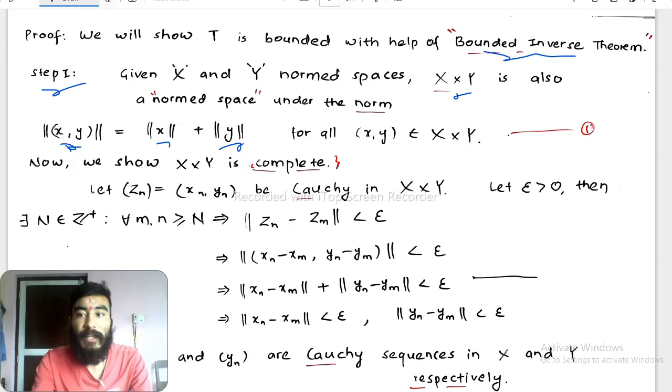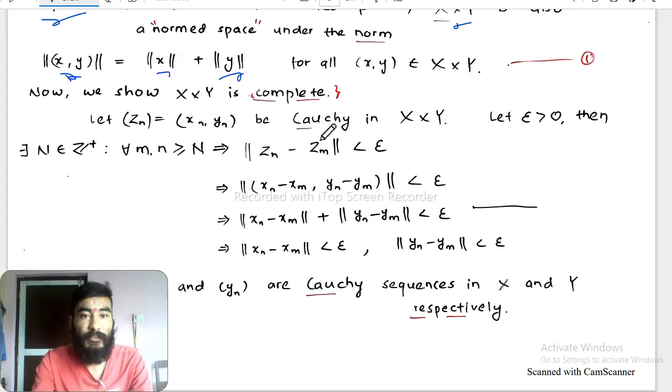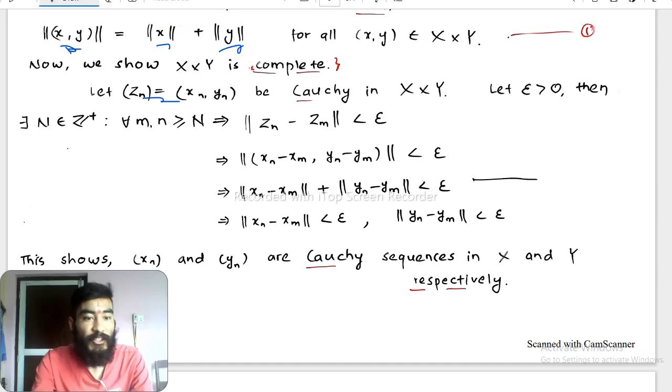For that we take a sequence Z_n which is Cauchy in X cross Y, and we show Z_n converges in X cross Y. Since Z_n is Cauchy, for epsilon positive there exists a natural number N such that for all m, n greater than or equal to N, we have the norm of Z_n minus Z_m is less than epsilon. Now Z_n is (x_n, y_n), Z_m is (x_m, y_m).